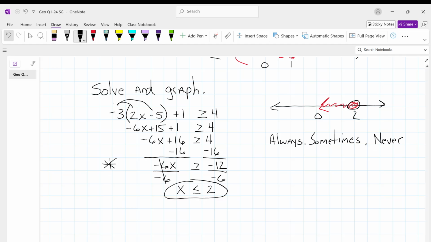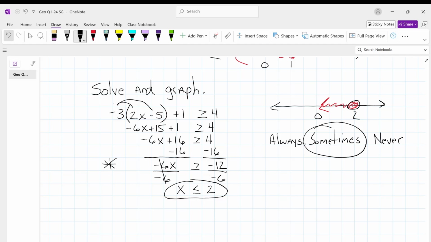Okay? Always, sometimes, or never true. In this case, when you get what I call a normal looking answer, x is less than or equal to 2, this inequality is sometimes true. Okay? It's true when the values of x are less than or equal to 2.